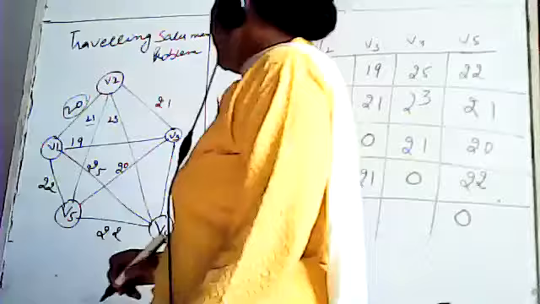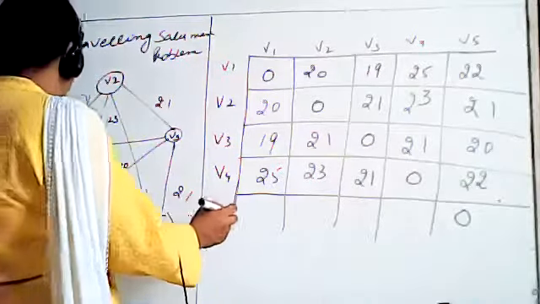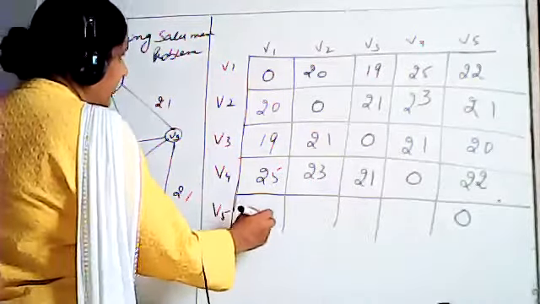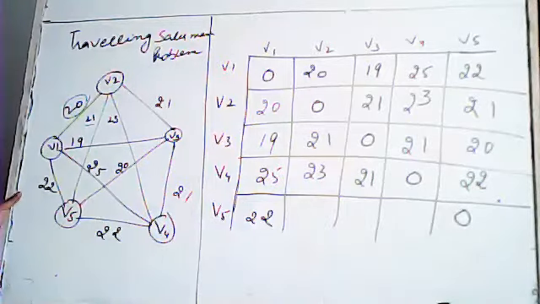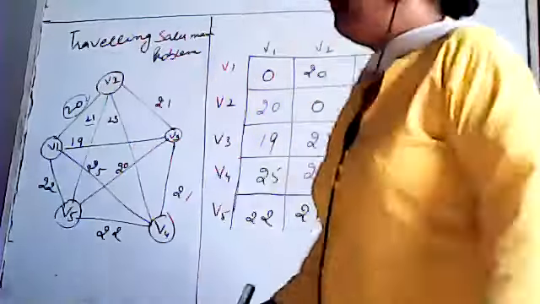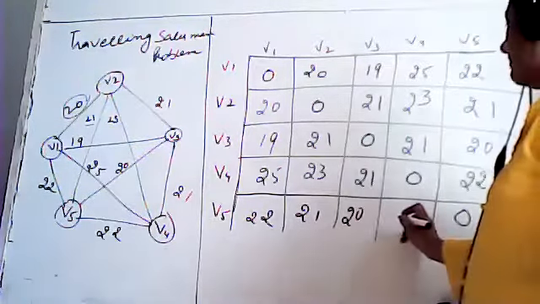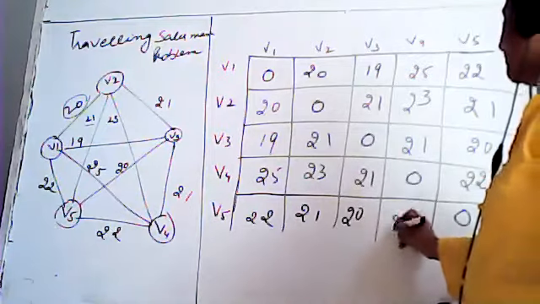Okay. Now V5 to all the edges. V5 to V1, 22. V5 to V2, 21. Then V5 to V3, 20. V5 to V4, 22. Okay, fine.